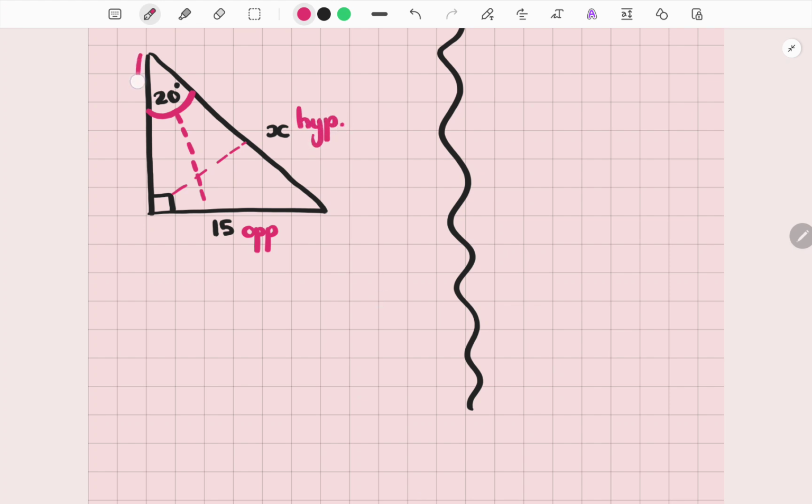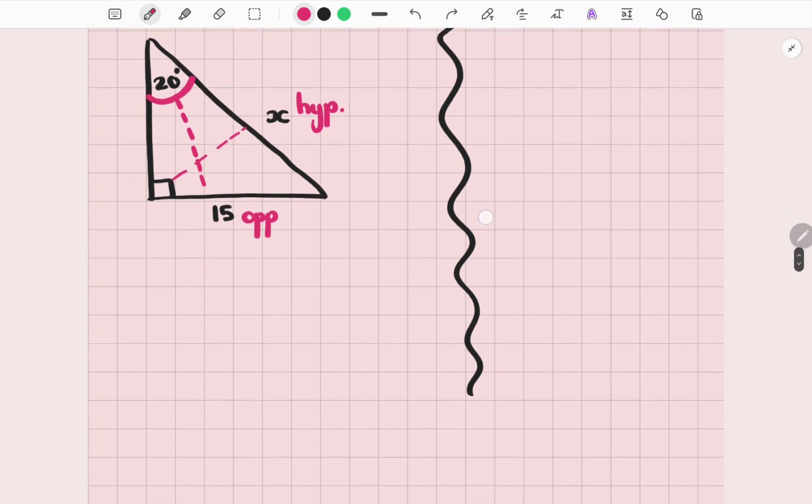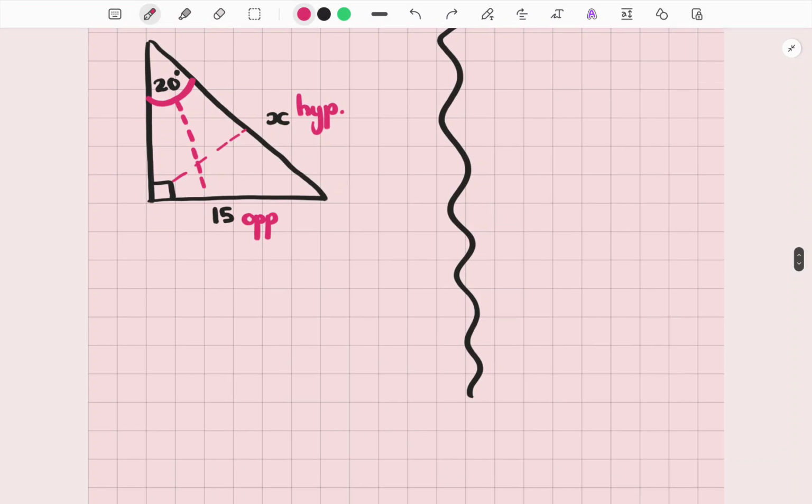So this side over here will be the adjacent, but because there's nothing given, we don't know anything about it, we're not going to use it. Now you're going to say, which one has an O and an H in it? O, H, sine, yes, so sine 20 is equal to the opposite over the hypotenuse.